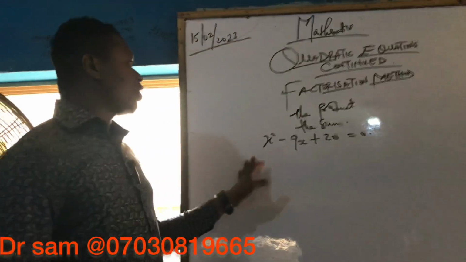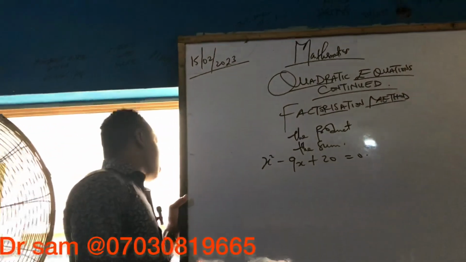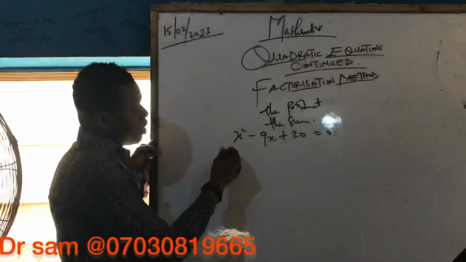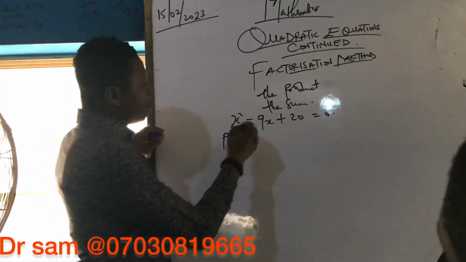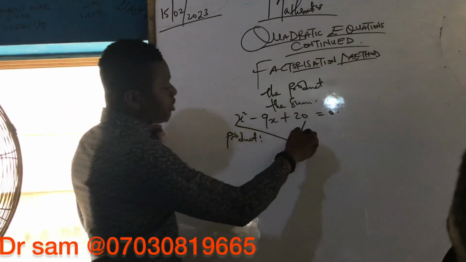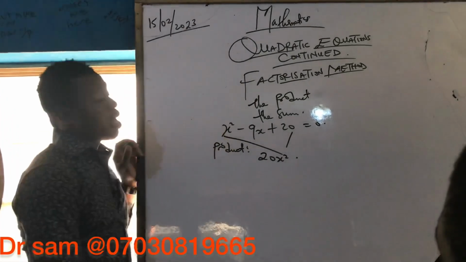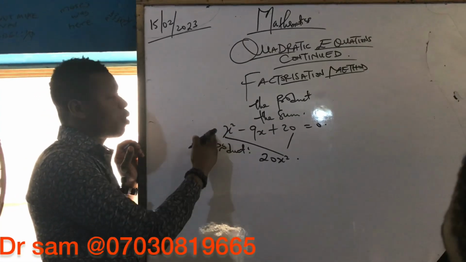So for the factorization of this, the first step is to get the product. That can be done by multiplying the pure quadratic by the constant. That will be 20x squared. Mind you, you must also consider the coefficient of the pure quadratic.